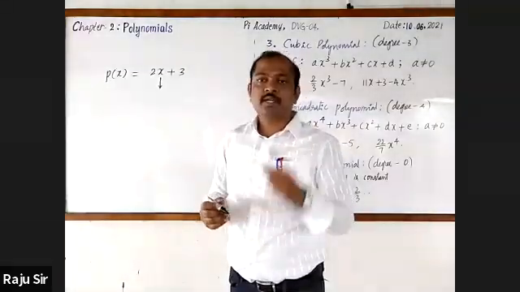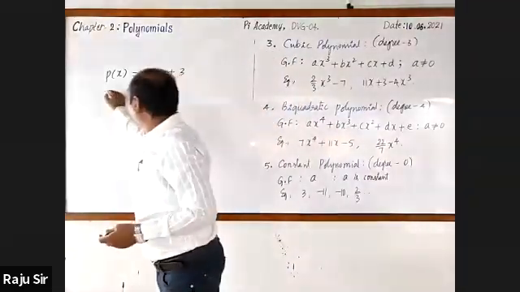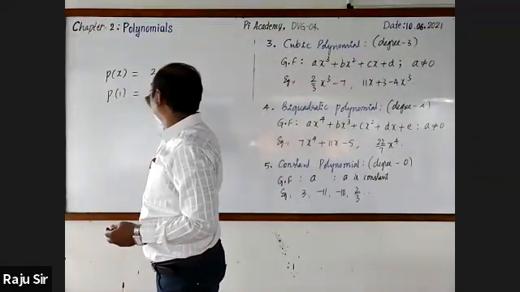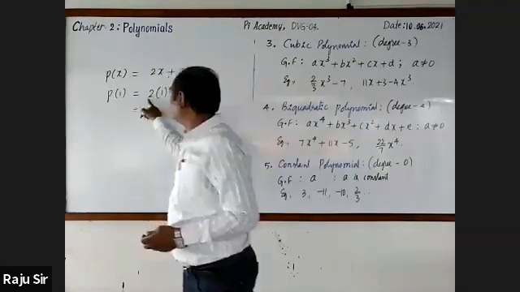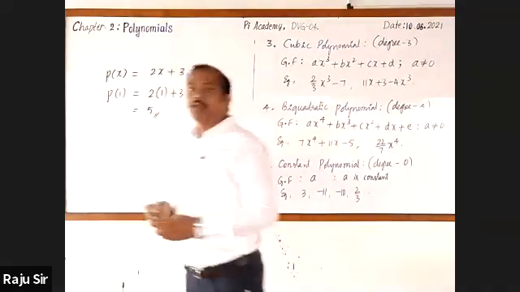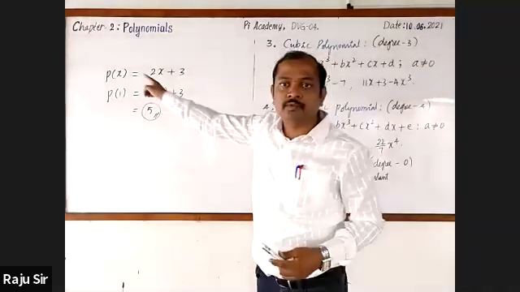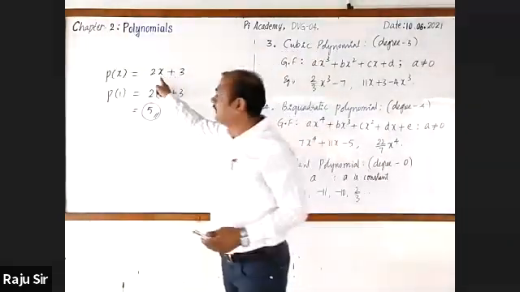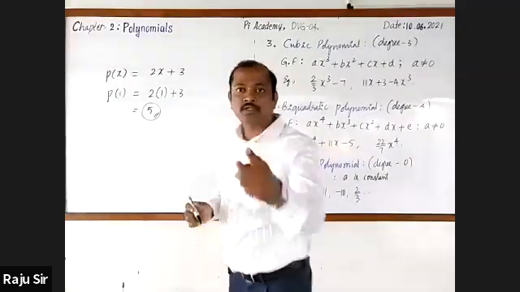Let me take just 1 in place of x. If I take 1 in place of x, it will be 2 into 1 plus 3. Here, 2 ones are 2, 2 plus 3, it is 5. Here, 5 is called the value of this polynomial when x is 1. Got it? Understood?